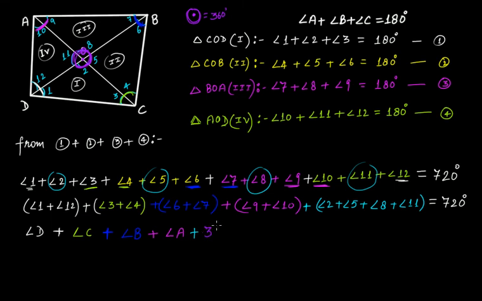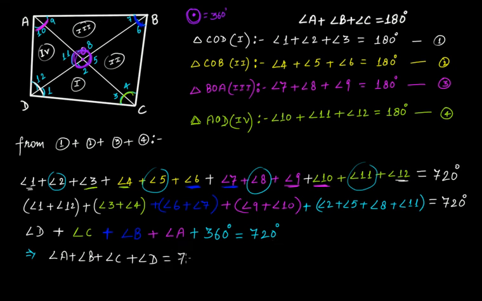So this is 360 degrees, which is equal to 720 degrees. Okay, now what I'm going to do is first rearrange it so that it's in alphabetical order. So angle A plus angle B plus angle C plus angle D. I'm going to transpose this 360 degrees to the right hand side of this equation.